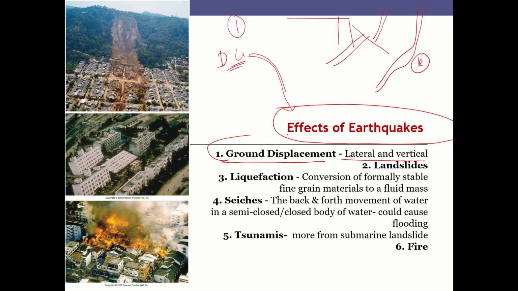Okay, so it can be ground displacement, landslides. Landslides can happen as a result, and probably we'll have washout. This surface may engulf or may take away whatever is there in the park.